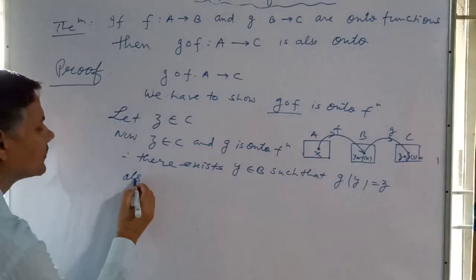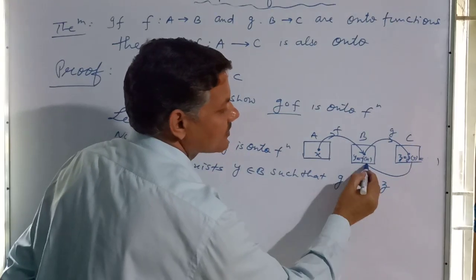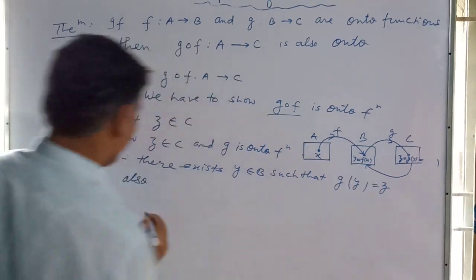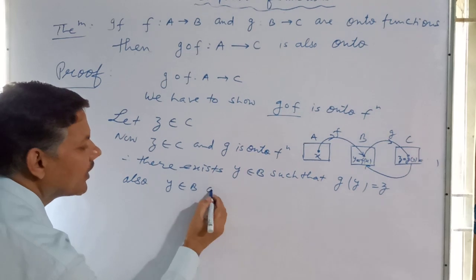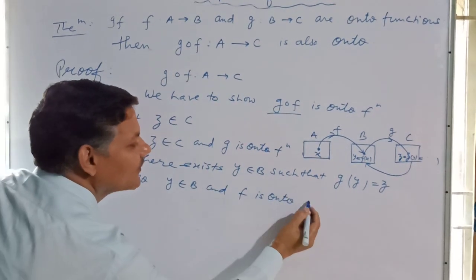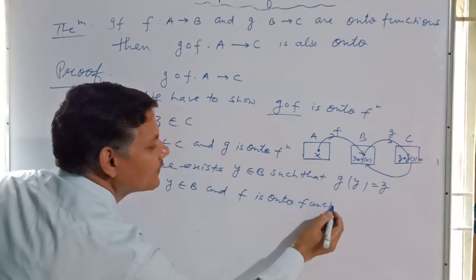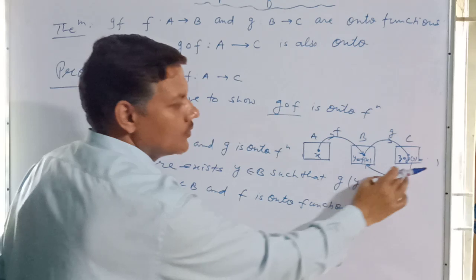Also, Y is an element of B and f is an onto function.